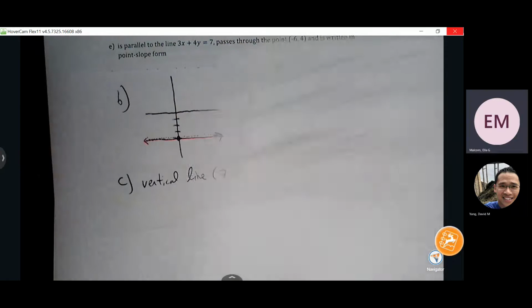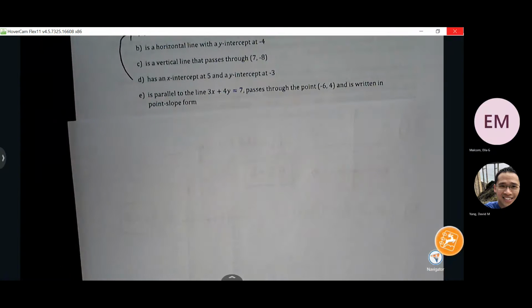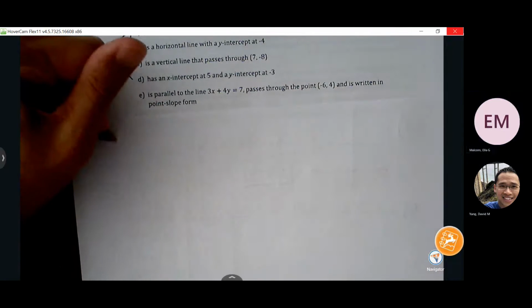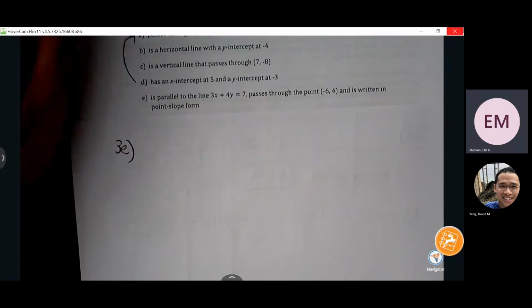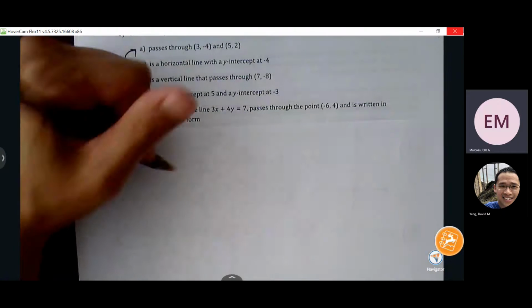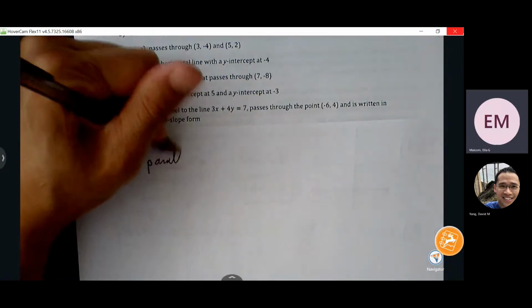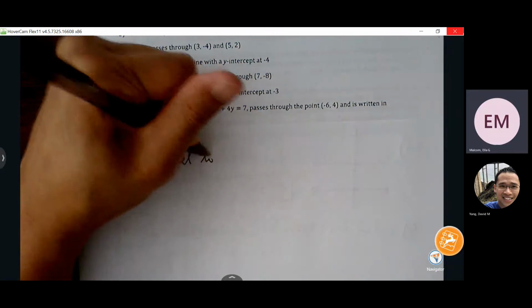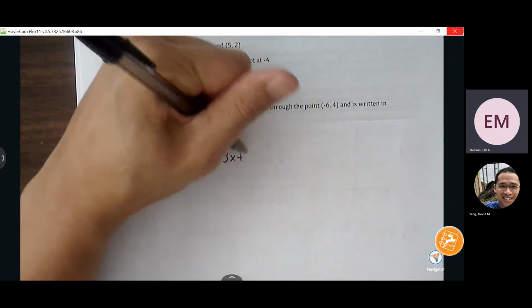E. So it's parallel to the line 3x plus 4y equals 7 and passes through the point, and is written in point slope form.